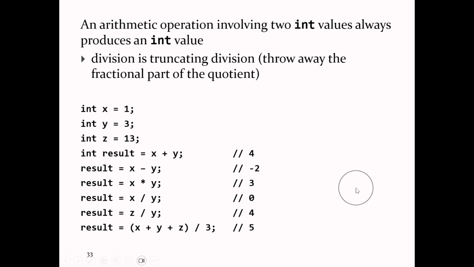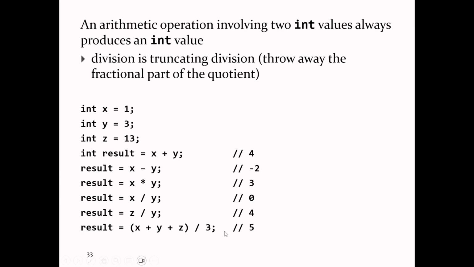So integer division is like regular division, you throw away everything after the decimal point, right? So 1 divided by 3 is 0.33333. Throw away the 0.33333, you get 0, right? 13 divided by 3 is 4.33333. Is that right? Sorry, 4.66666, right?